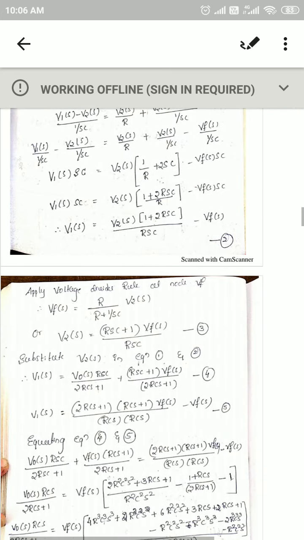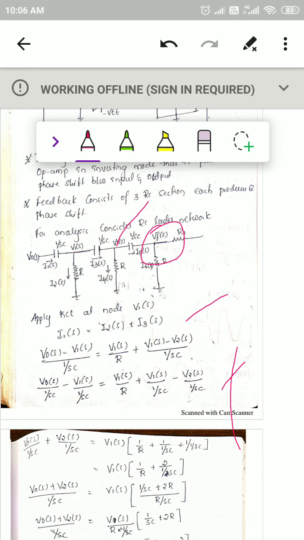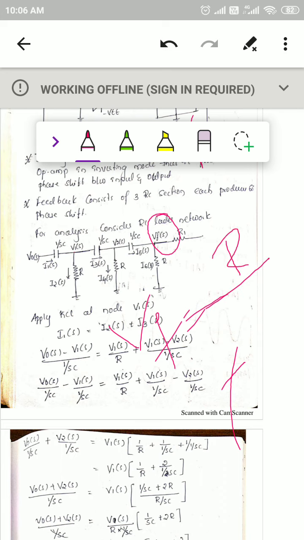Here VF of s is equal to R, and the capacitance is there, so VF is equal to R divided by R plus 1 by SC, that means R divided by the total impedance.